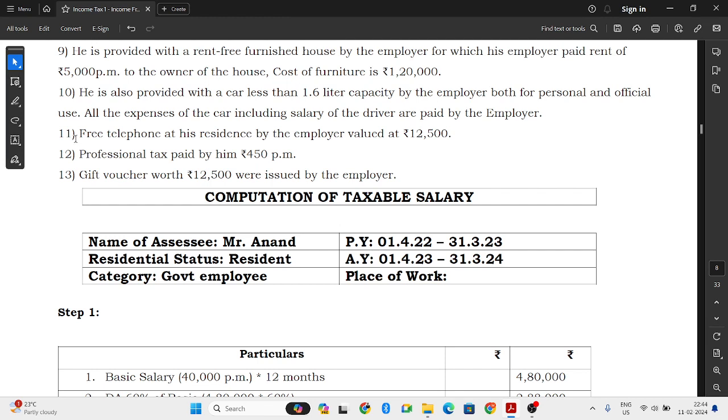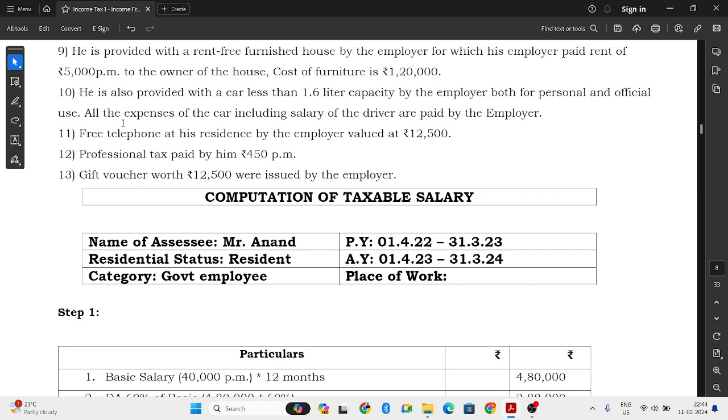Next, he is also provided with a car of less than 1.6 liter capacity, that is, less than 1600 cc. It is provided by the employer for both personal and official use.